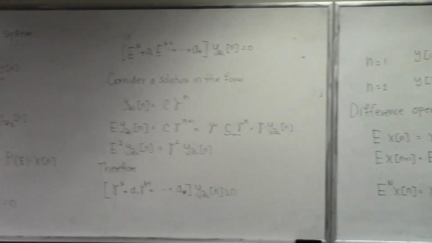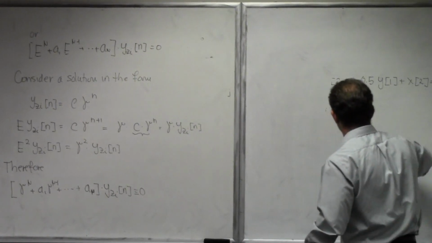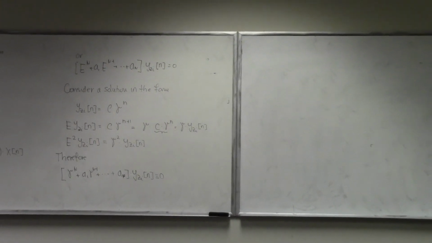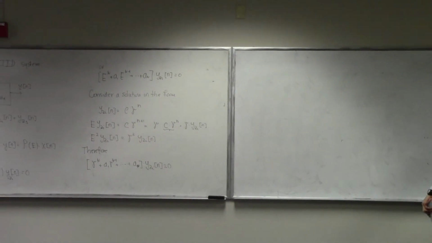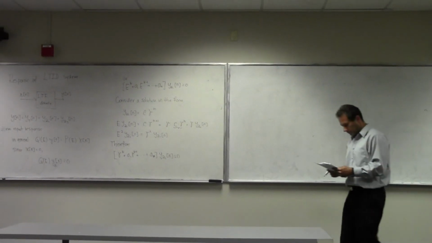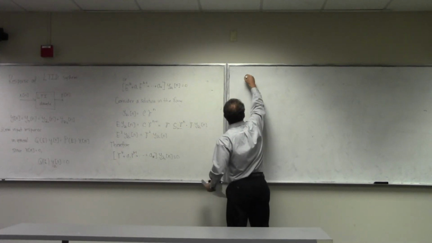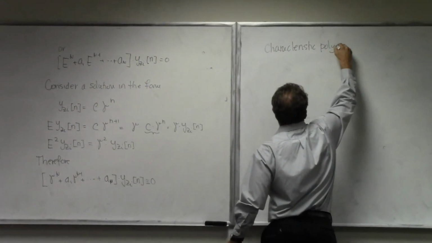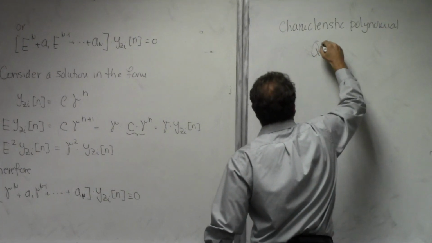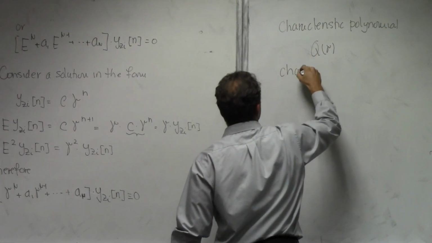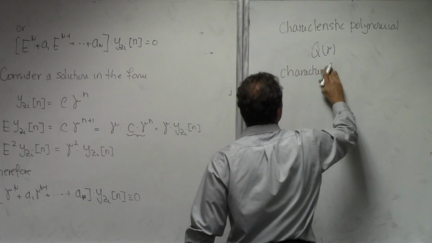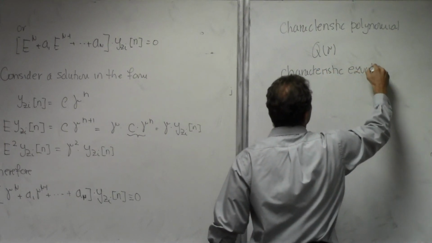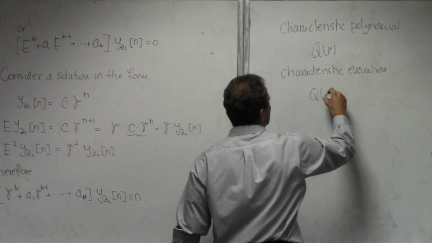So for that to happen, we define something that we call characteristic polynomial, which is Q of gamma, and we define something that we call characteristic equation, which is the equation Q of gamma is equal to 0.